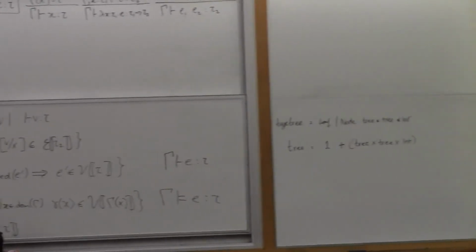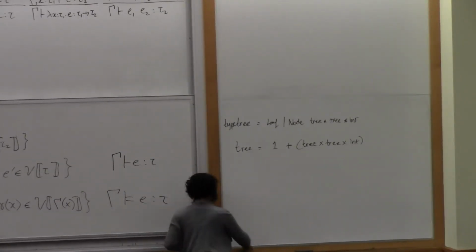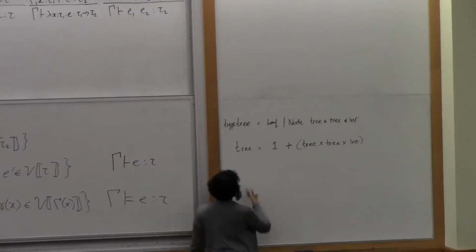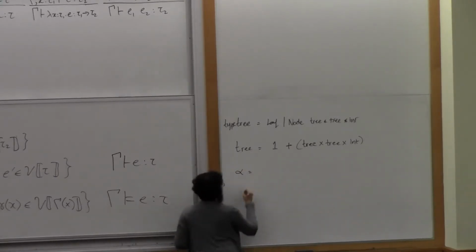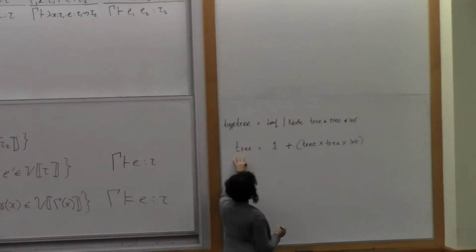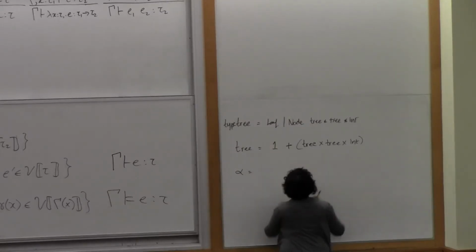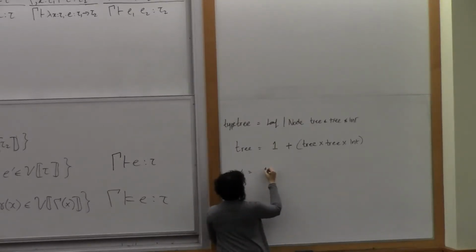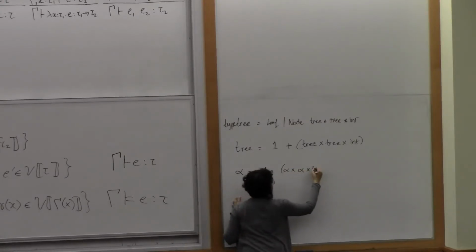Let me understand the recursive definition for a second. Let me write alpha for tree so I don't have to write out tree every time. What this definition is saying is that tree is equivalent to unit plus alpha cross int.